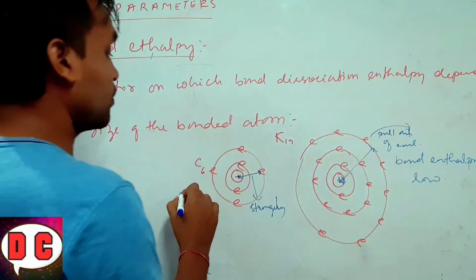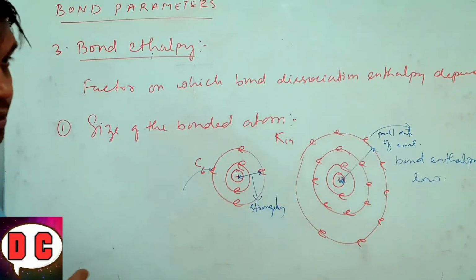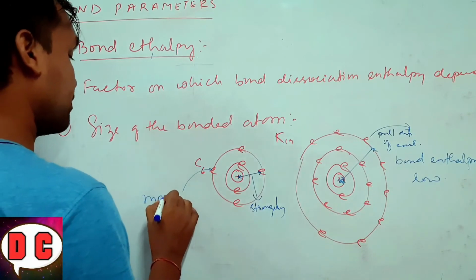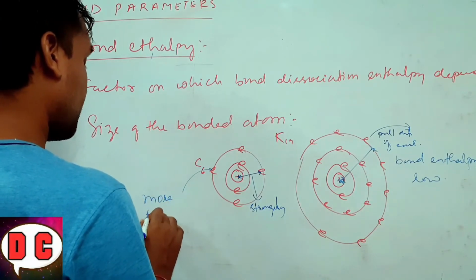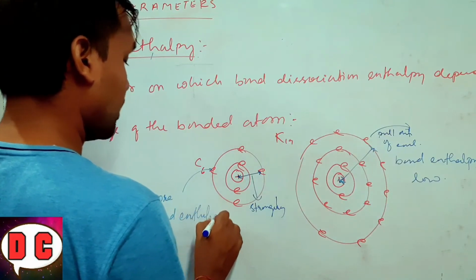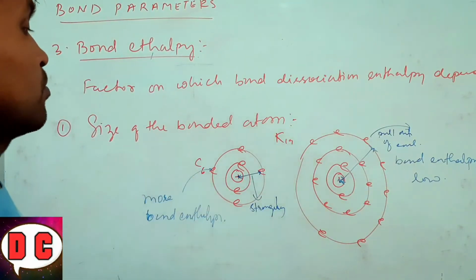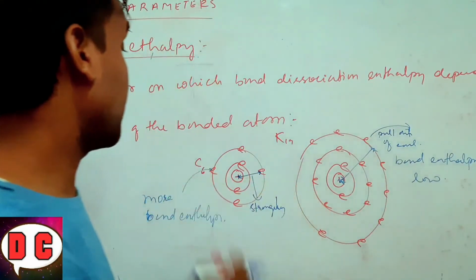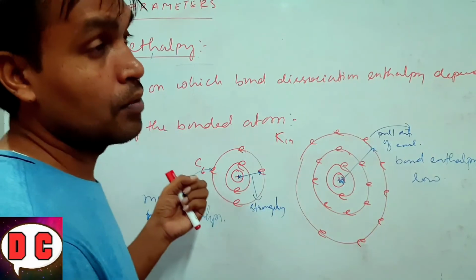As a result, if you want to remove these electrons, you have to apply more energy, so bond enthalpy will be high here because of the smaller size.